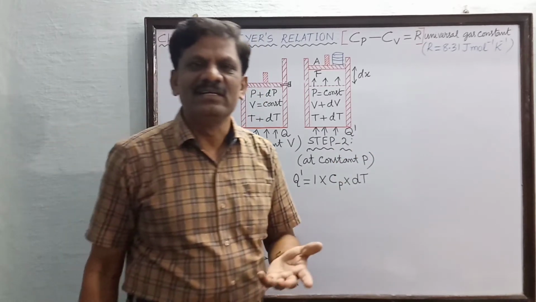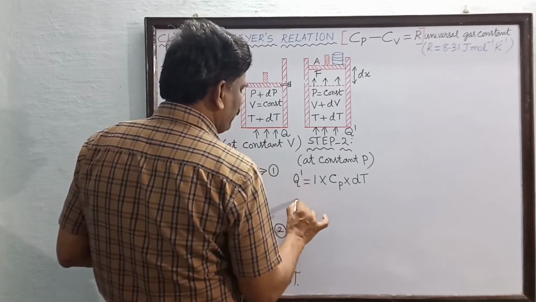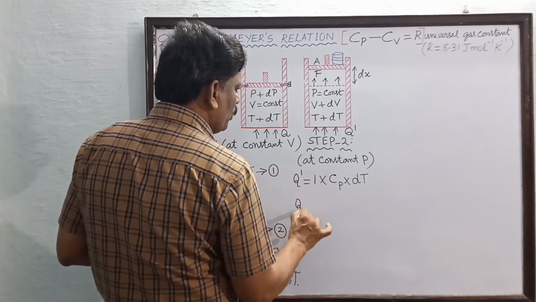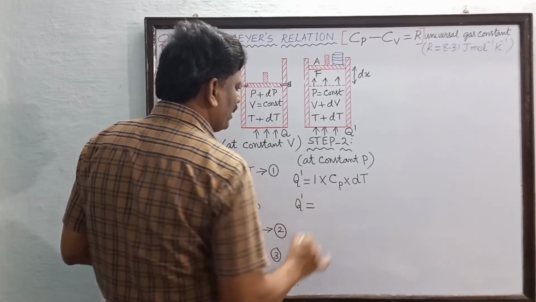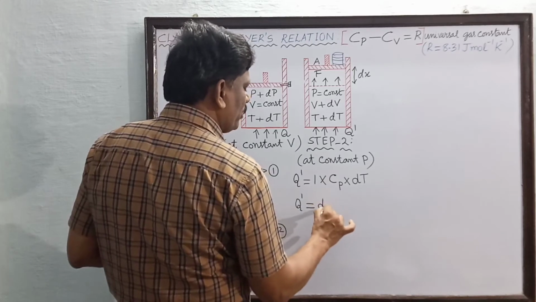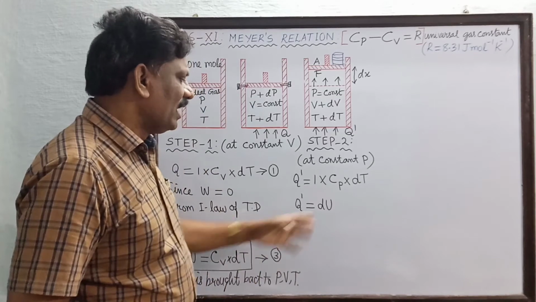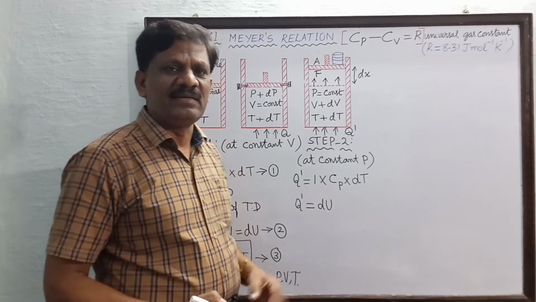Is it not? Okay. Now, this quantity of heat Q dash from the first law of thermodynamics, it is utilized to increase the temperature of the gas or change in the internal energy of the system by dU.